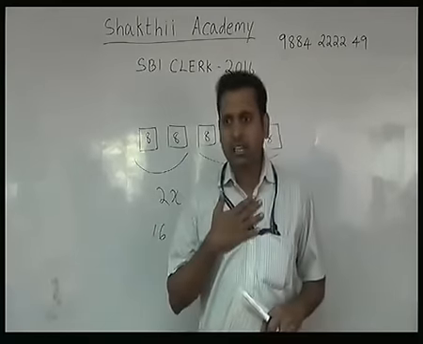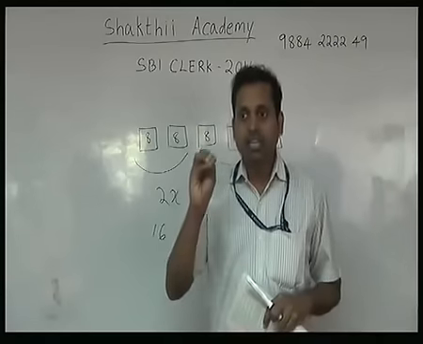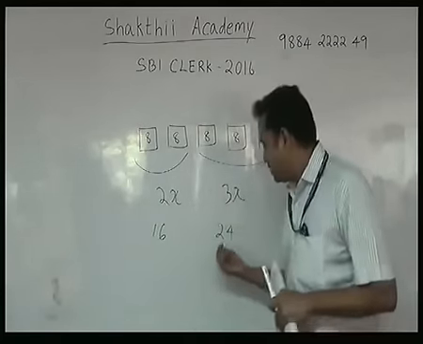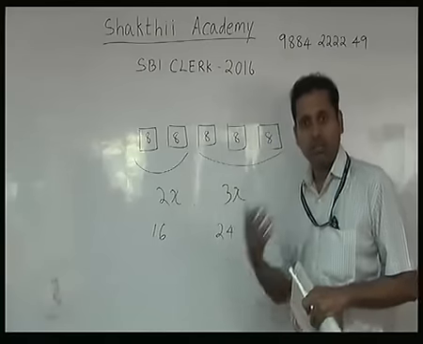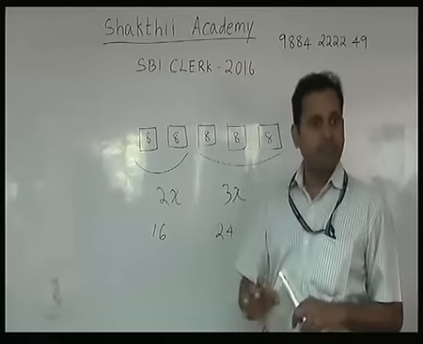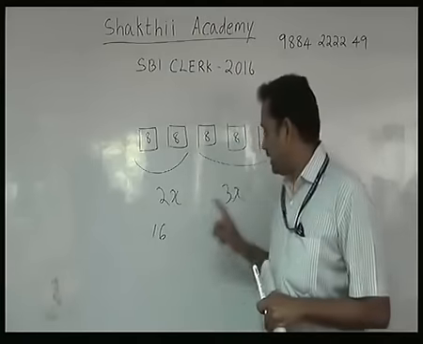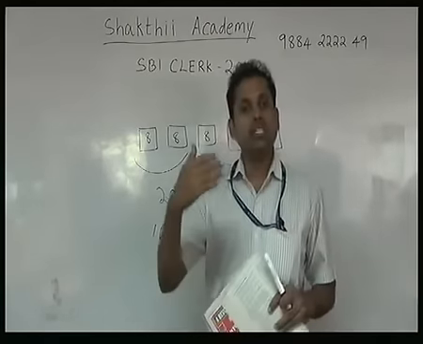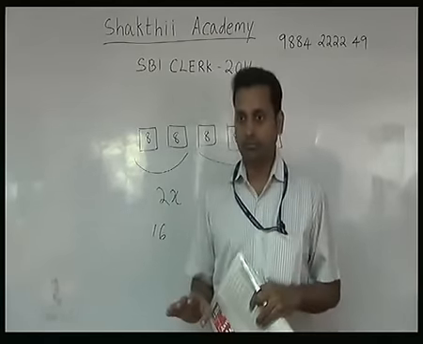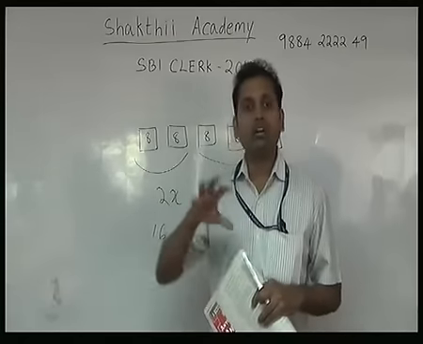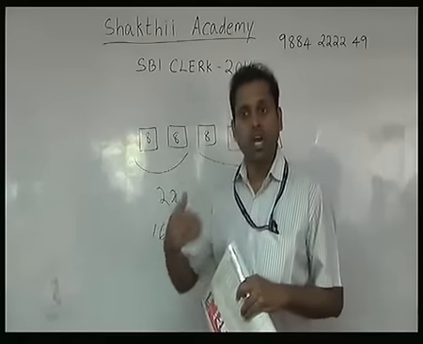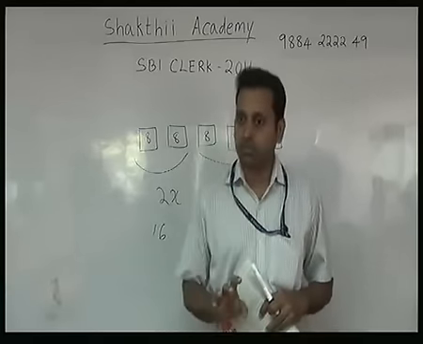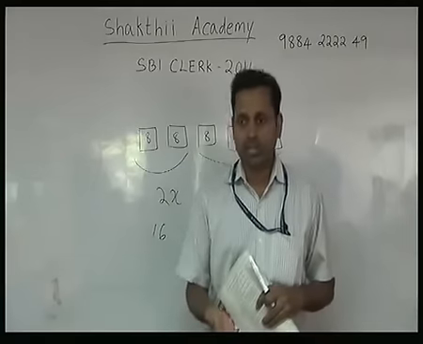I have 16 chocolates, so the number must be divisible by 2. And similarly, you have 24 chocolates, which must be divisible by the ratio value 3. If you understand this logic, you can solve the questions very easily, even without writing many steps, just by seeing the question itself. Now we are going to see how we can do that.